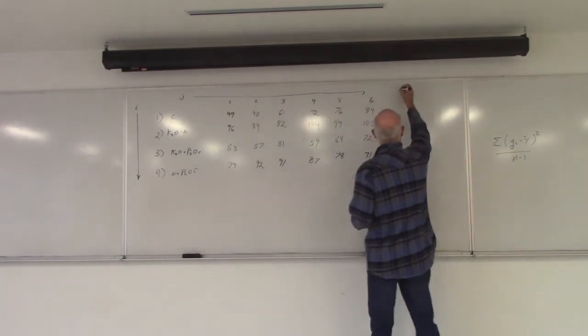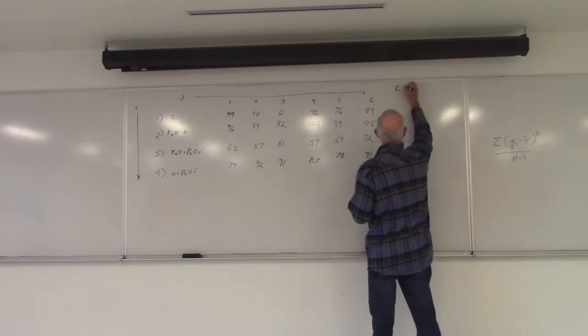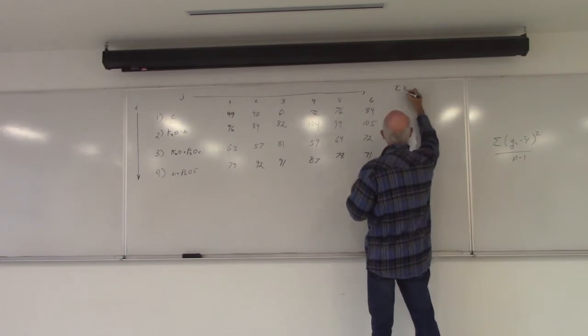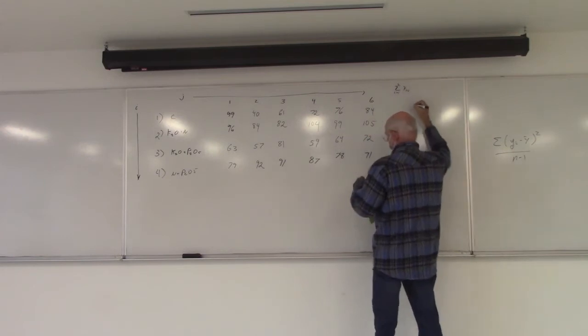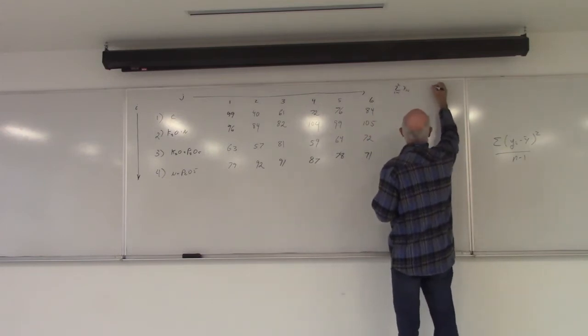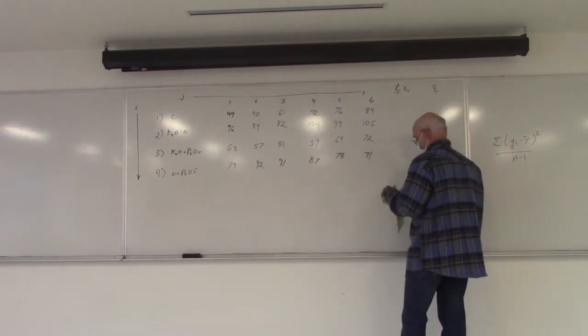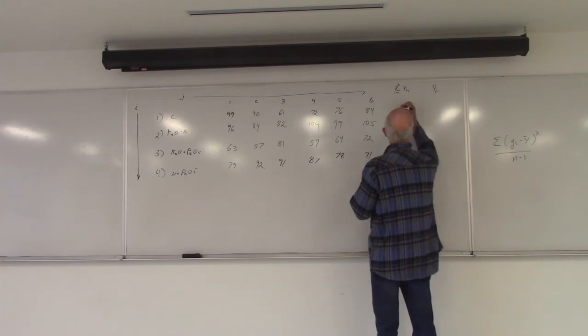Now, I'm going to add a little column over here, and this is going to be the sum of y_ij, from j equals 1 to 6. And then this is going to be y_i dot bar. All right, so here I've got 432.